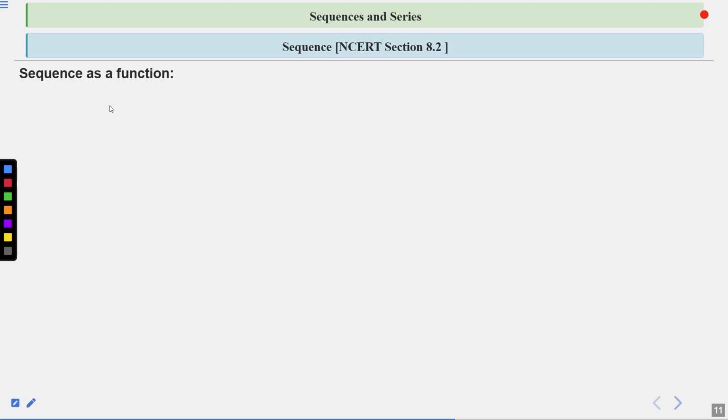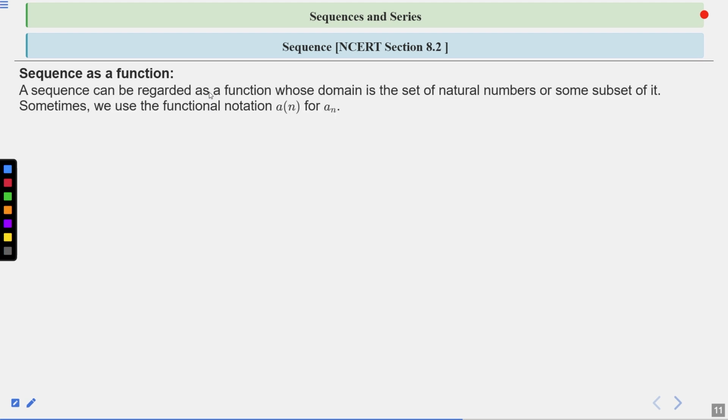Now, sequence as a function. How do we look at a sequence as a function? First of all, recall what a function is. A function is first of all a relation.